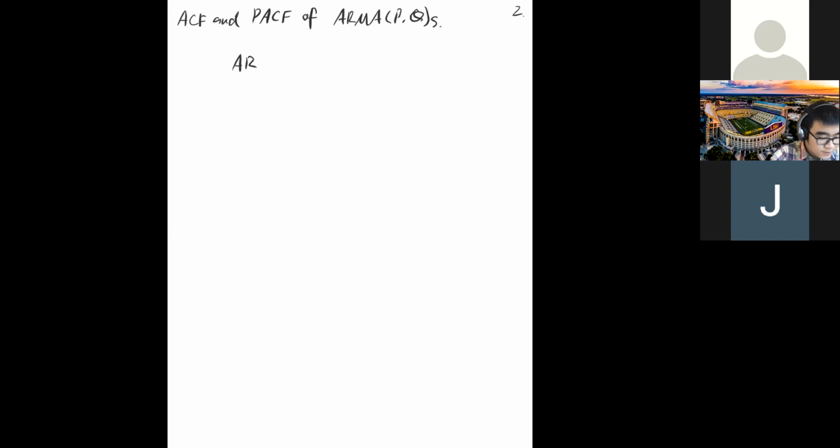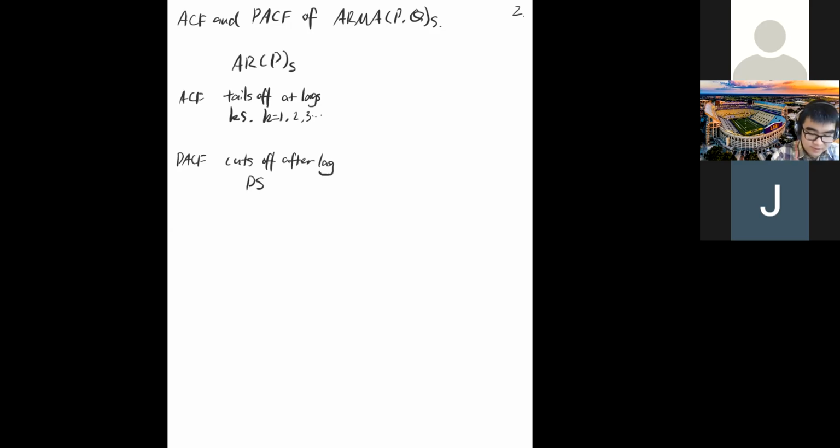First of all, for the AR(P)S model, the ACF tails off at lags KS, where K is equal to 1, 2, 3, etc., and the PACF cuts off after lag PS.